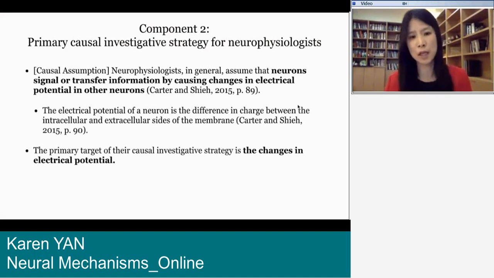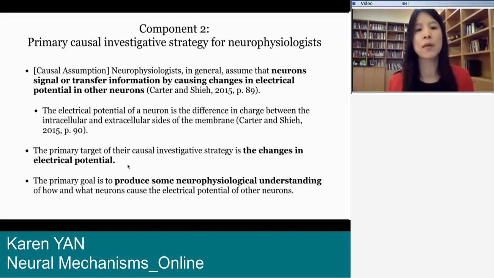And so for neurophysiologists, the primary target of their causal investigative strategy is changes in the electric potential. And their primary goal is to produce some neurophysiological understanding of how and what neurons cause the electric potential of other neurons.